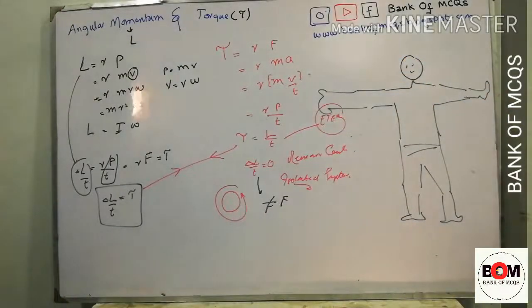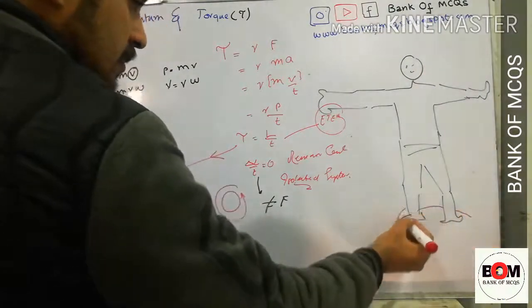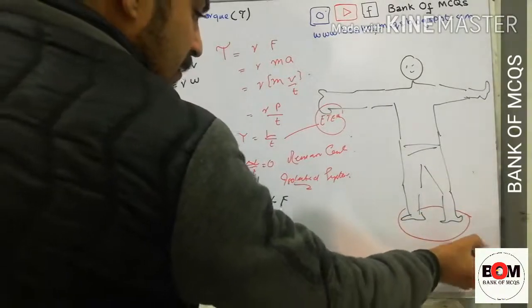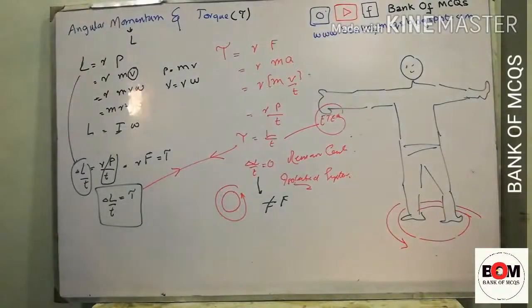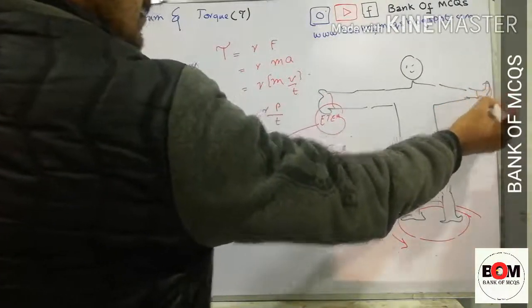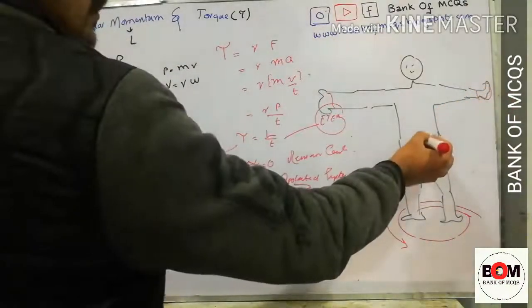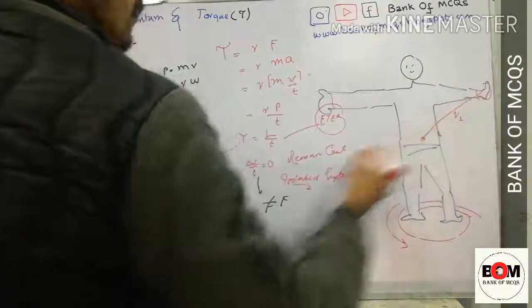So for example, this is the acrobat, and this is the table on which he is standing, and the table rotates at a specific velocity. Now in his hands there are some weights, so the radius of the acrobat is this, r1.